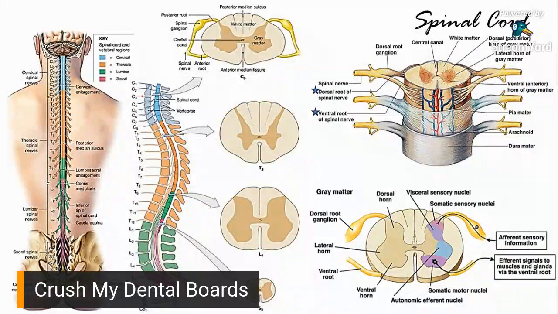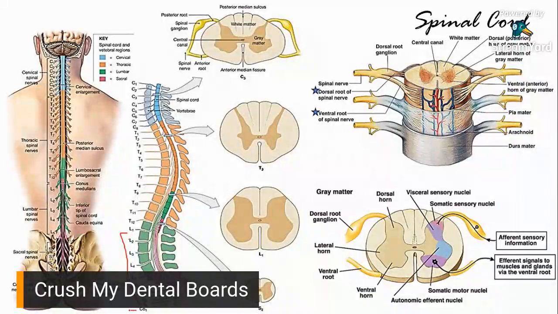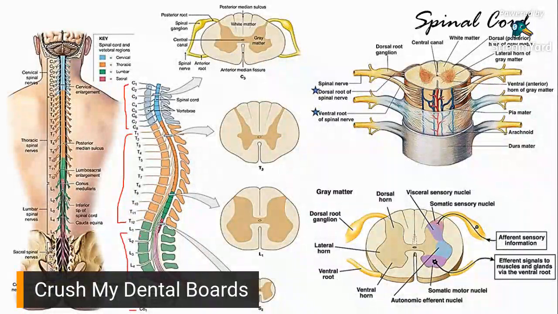So we have C, your cervical region, it's C1 to C8. We have the thoracic region, that's T1 to T12. And then we have the lumbar area, that's L1 to L5. And then we have the sacral region, which is S1 to S5. And then you have your coccygeal, the very end of the spine, coccyx. So you have your cervical area, your thoracic area, your lumbar, your sacral, and your coccyx.